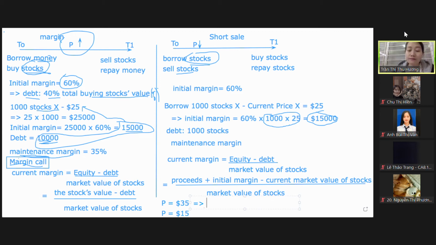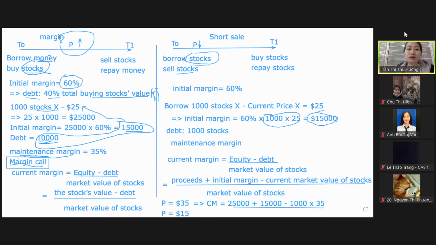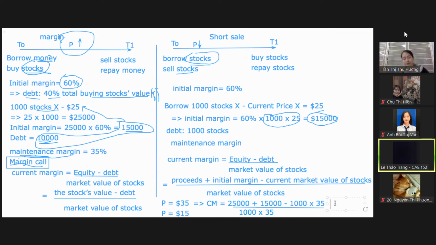And your debt is minus 1,000 multiply 35, divided by 1,000 multiply 35. Now what is your answer? Calculate it. 0.14. Yes. So you see it's 14%.